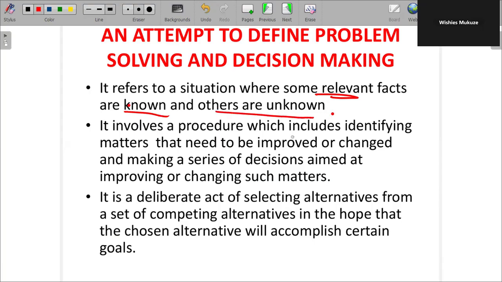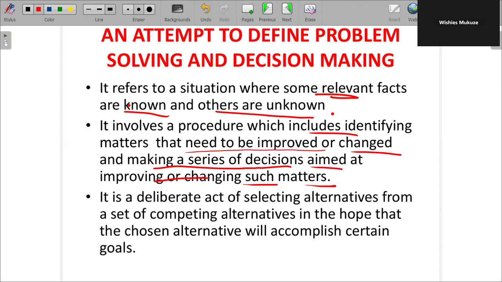When you are making a decision, there are facts that are known, and there are facts that are not known when you are solving a problem. So it involves procedures, which include identifying matters that need to be improved or changed, and making a series of decisions aimed at improving and changing those matters.